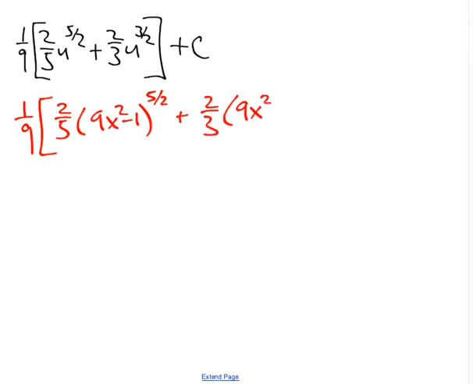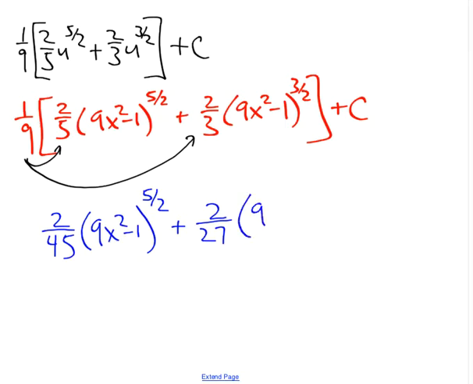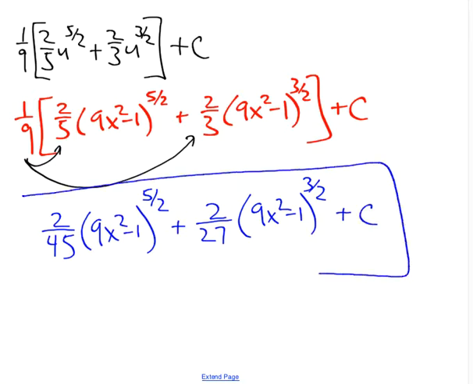We do the same thing with the other u variable. And finally, we can distribute this constant that we put out in front of our integral. This is our final answer.